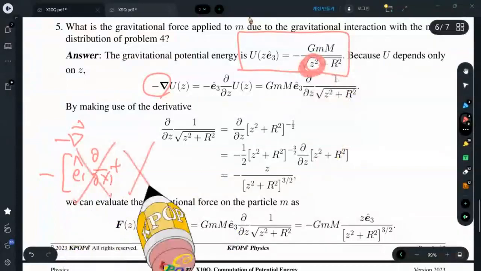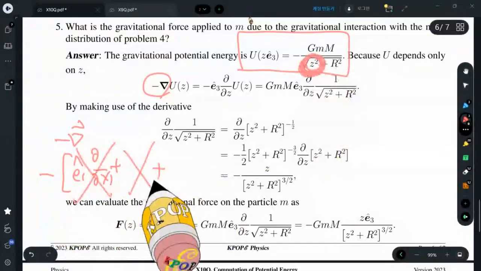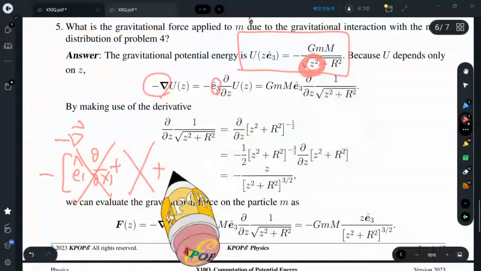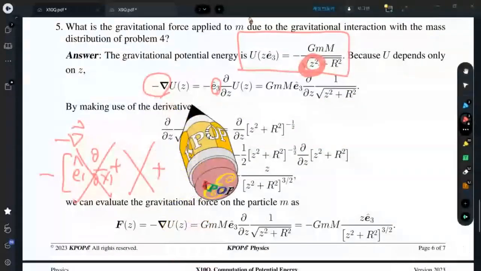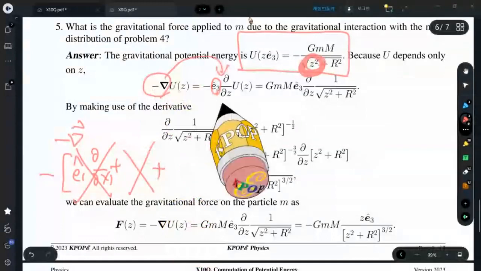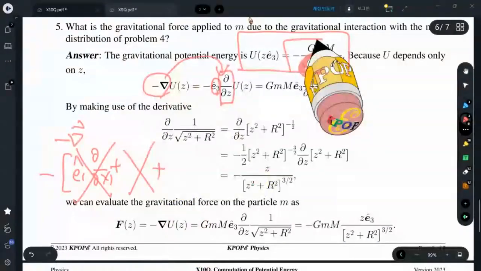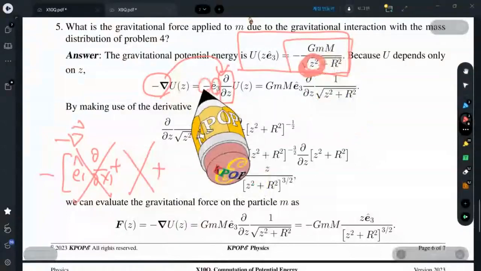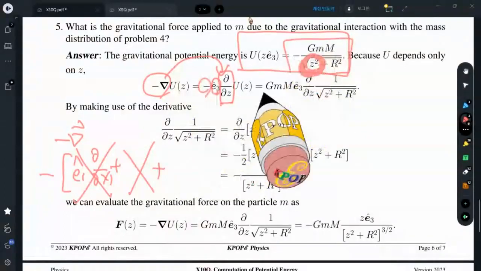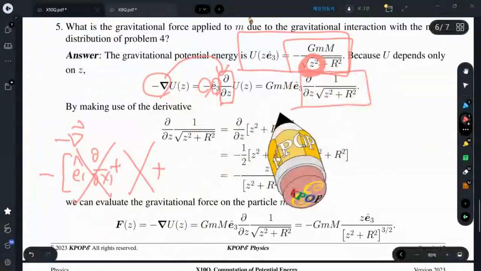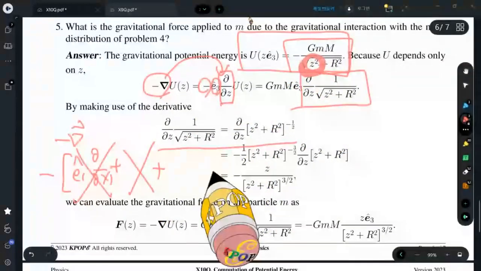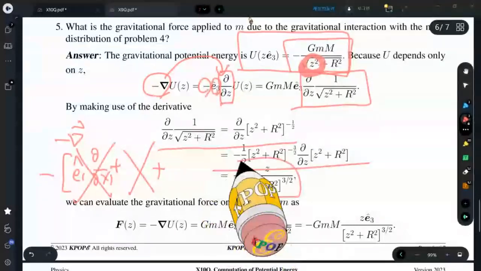The x, y components completely vanish, and only the z component survives. What we have to do is nothing but the z derivative of this potential energy and attach a negative sign on it. Minus minus becomes a plus, and we take the derivative of this. And the chain rule is applied again to find the final answer.